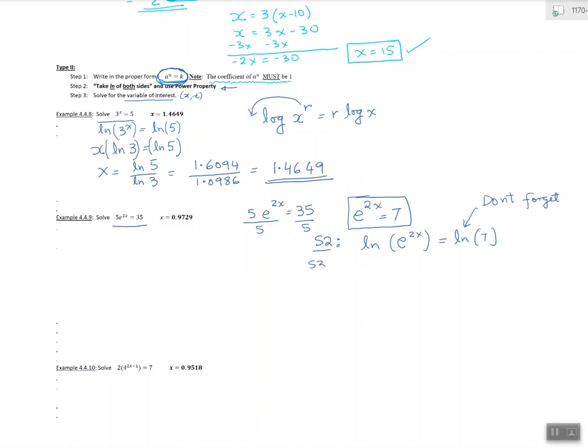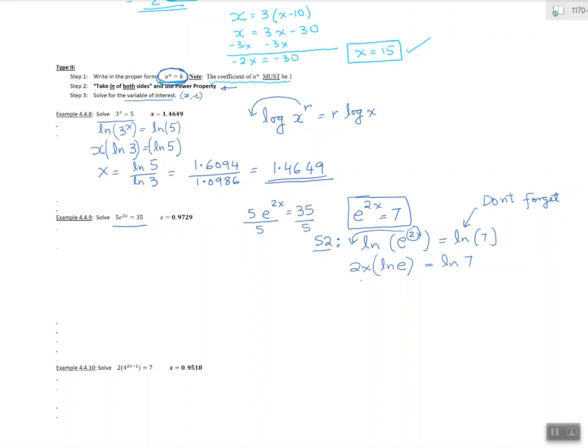Then step 3 is use the power property. Actually, it's part of step 2 only. So step 2 says now use the power property. So that means the exponent portion comes in front. So you get 2x times ln of e. So this 2x comes in front, equals ln of 7.